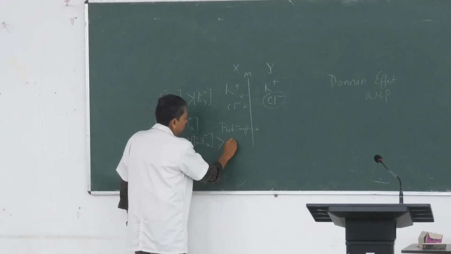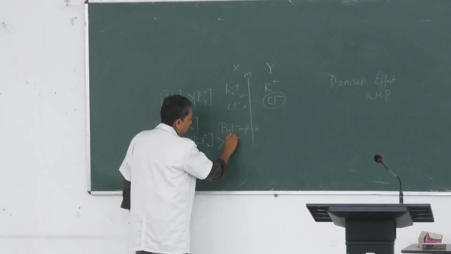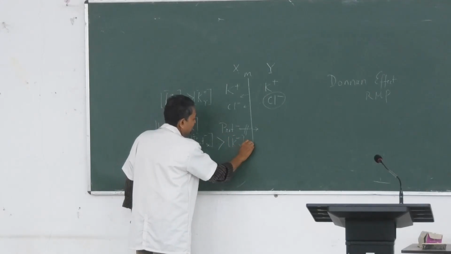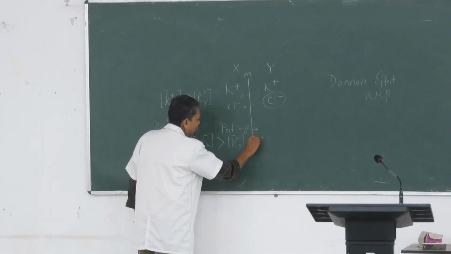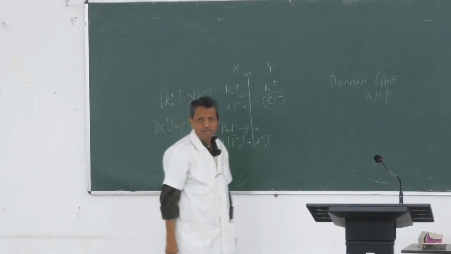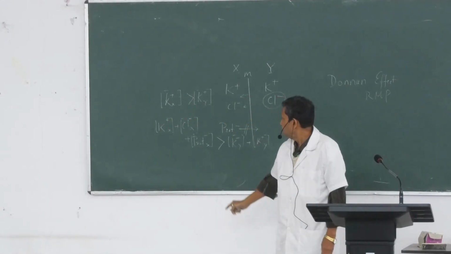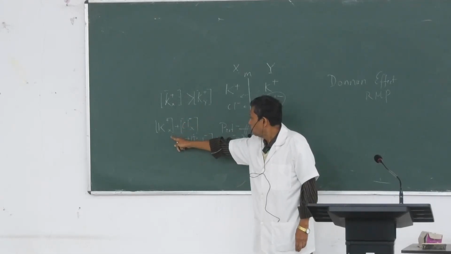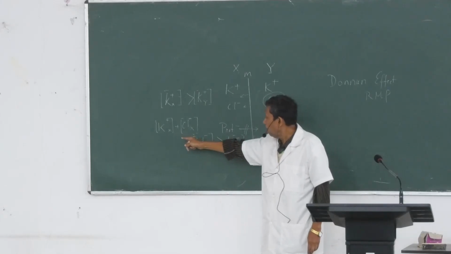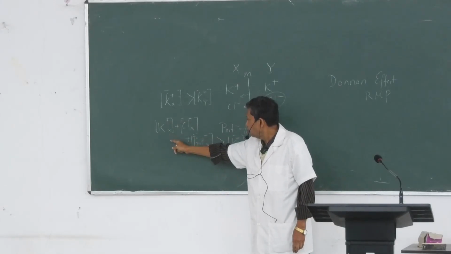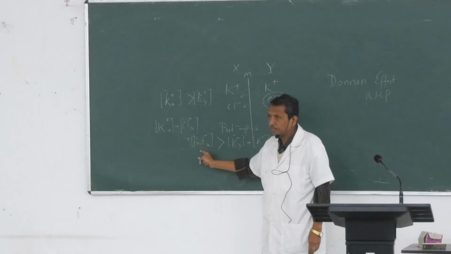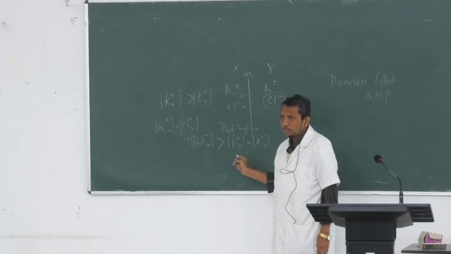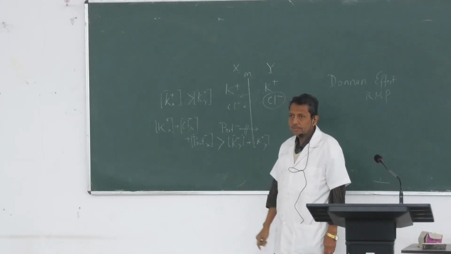Greater than. So at equilibrium, the molar concentrations of this potassium, chloride and protein is more than that of the Y side.